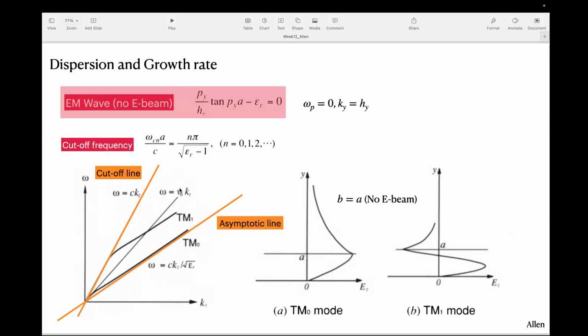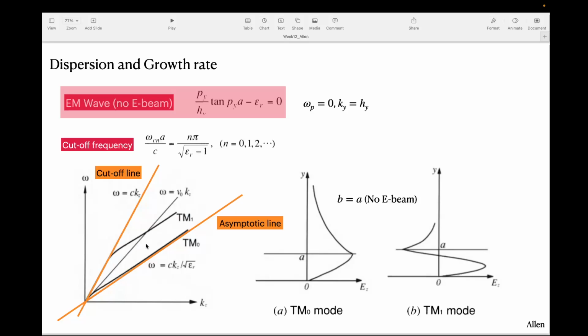So first we would like to discuss just the EM wave. With this condition, we can simplify into this form, and to visualize this result, we plot the picture shown here. We can see the dispersion curve, where we just plot the two lowest modes, which are TM0 and TM1.